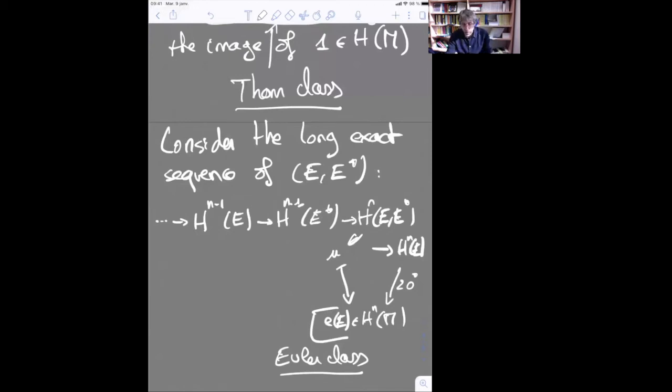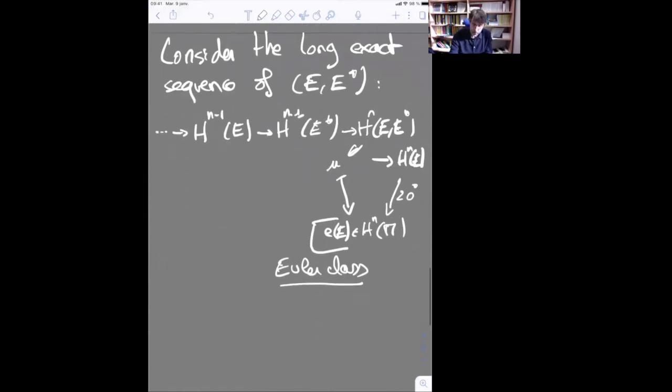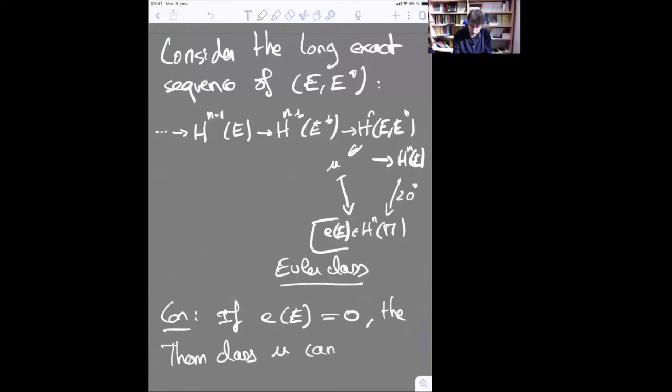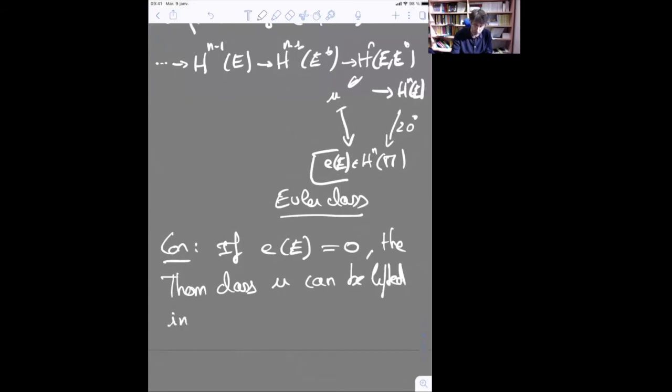And what will be important for us, let me write it like this, a corollary: if the Euler class is 0, then the Thom class U can be lifted to the cohomology of degree n-1 of E star. And that will be really the basic ingredient in our construction.